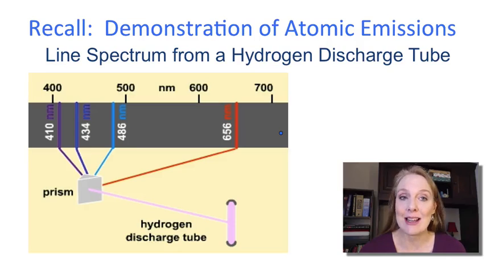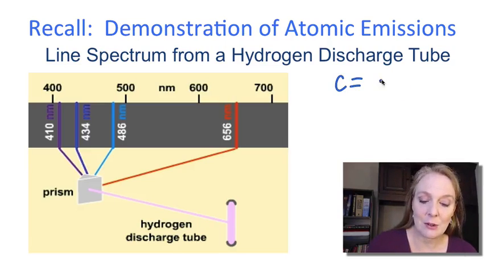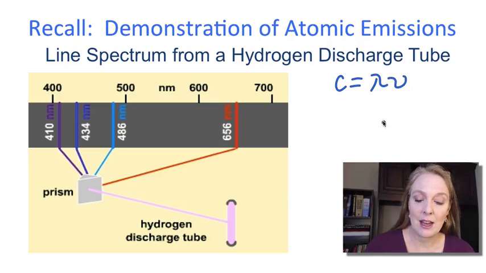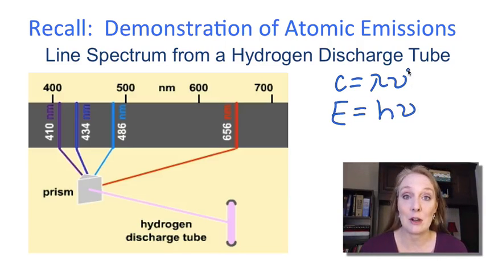We can calculate the energies associated with each of these types of photons because we know the wavelength associated with those photons and we know some key equations. Do you remember those equations? One of them I hope you remember is c equals lambda nu, and another one I hope you remember is E equals h nu. And of course you can substitute one into the other using some simple algebra.